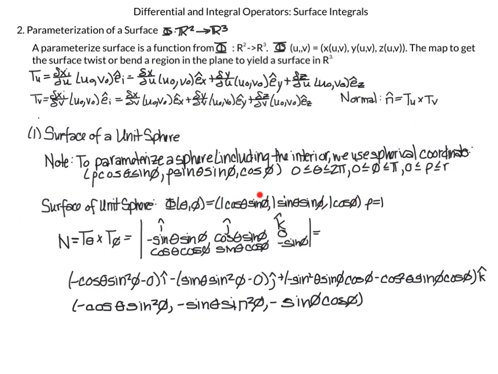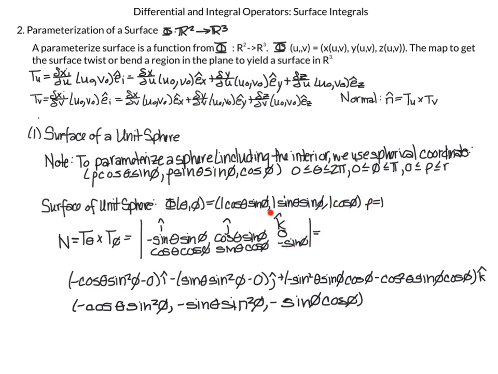And then my next line is my partial derivative with respect to theta. So over here, first I take the partial derivative of x with respect to theta, which is minus sine theta sine phi. Partial derivative of my y coordinate will be cosine theta sine phi. And then the partial derivative of my last coordinate with respect to theta is 0. And then this next line here is my t with respect to phi. So that will give me cosine theta cosine phi, sine theta cosine phi, and negative sine phi.